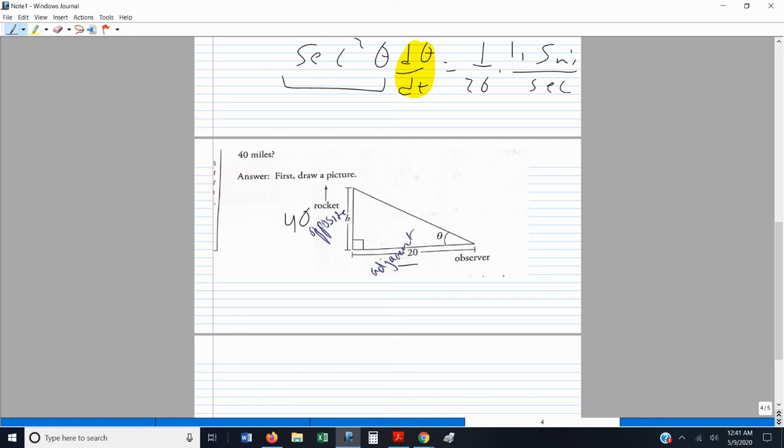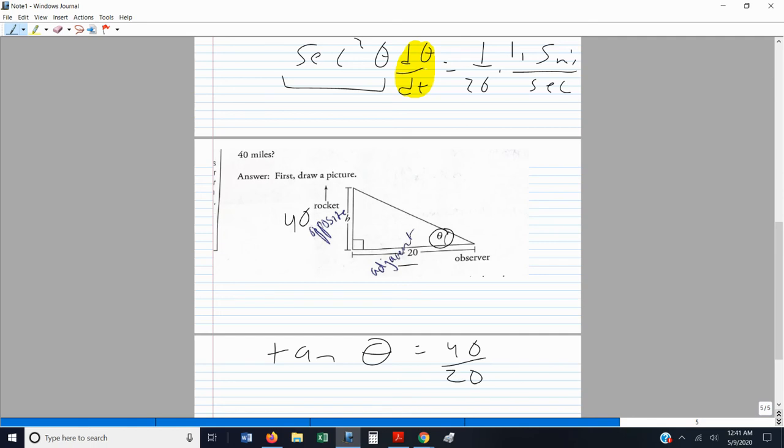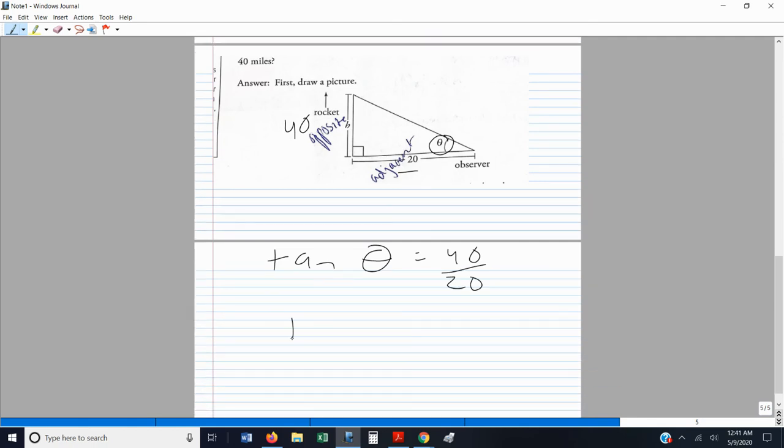And then what I did is I solved for the angle. So I wrote that trig function, tangent of theta is opposite over adjacent. And 40 over 20 is 2. And then this is the only thing you have to remember. If you're trying to figure out what that angle is, then you do the inverse tangent of 2.